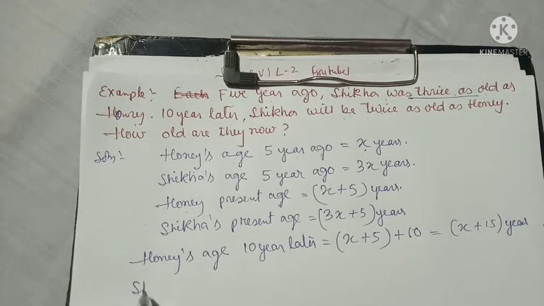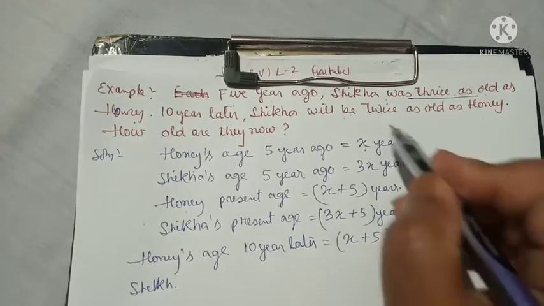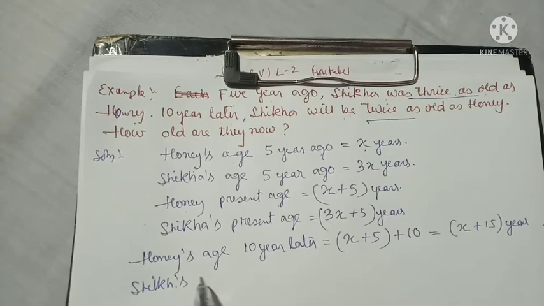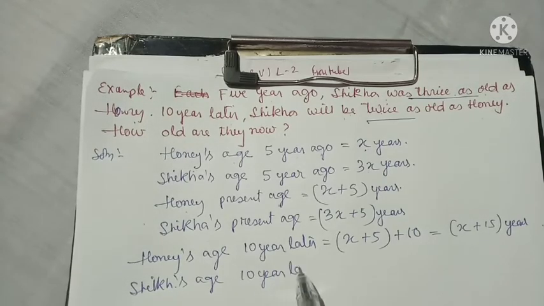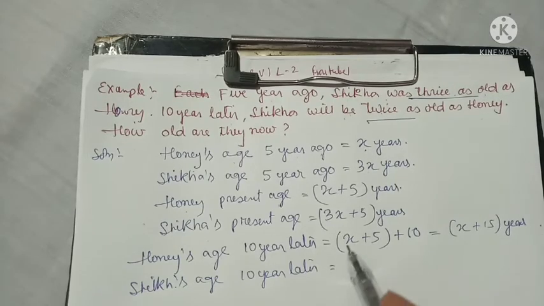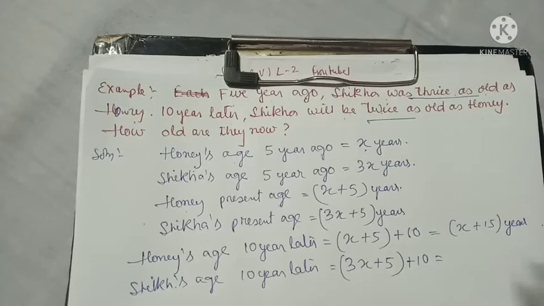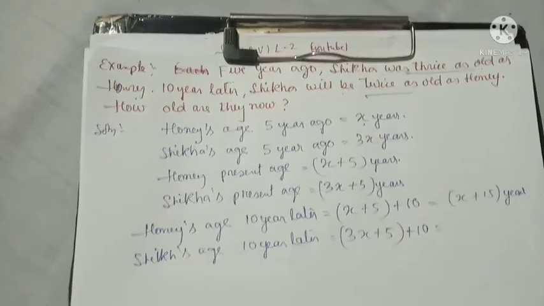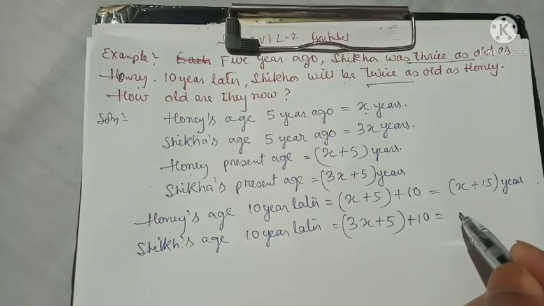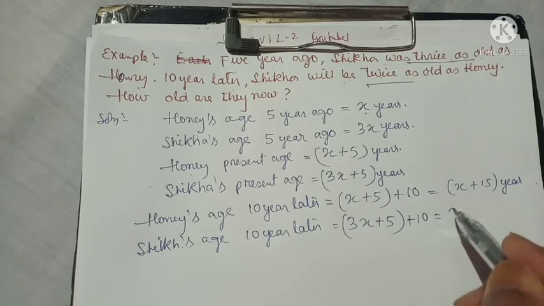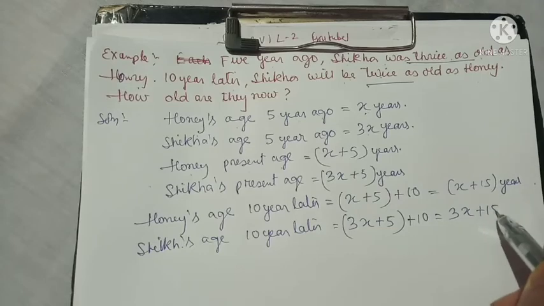What will be Sikha's age again? The age of Sikha is twice. Let's see the age of Sikha 10 years later: 3x plus 5 plus 10 after the 10 years, that is 3x plus 15 years.